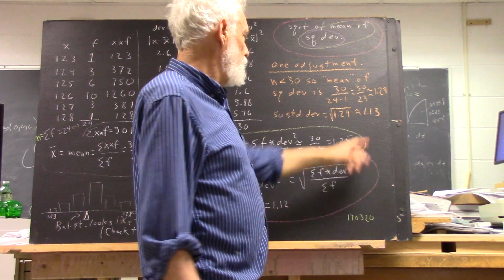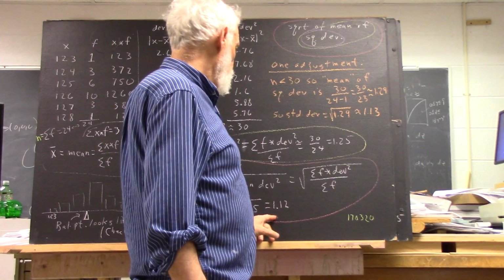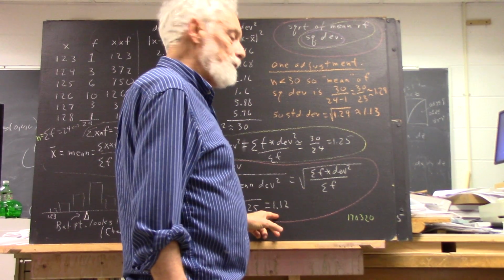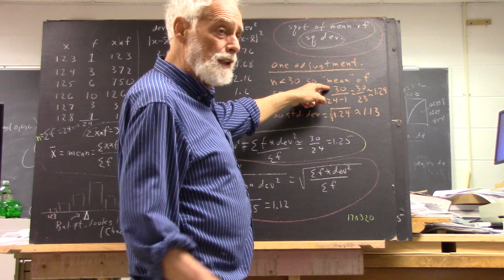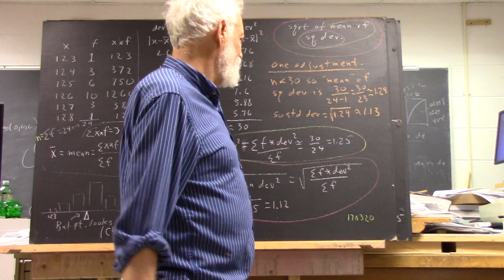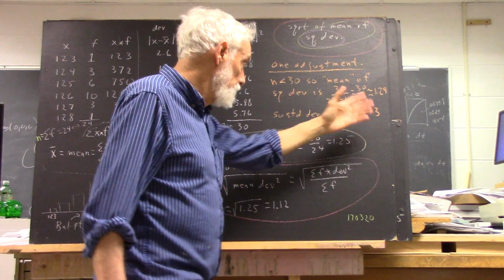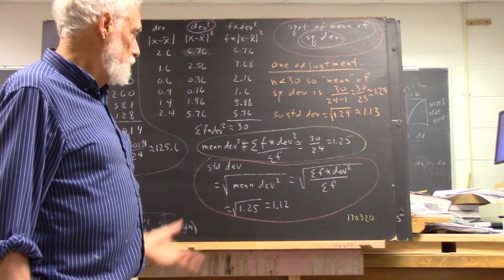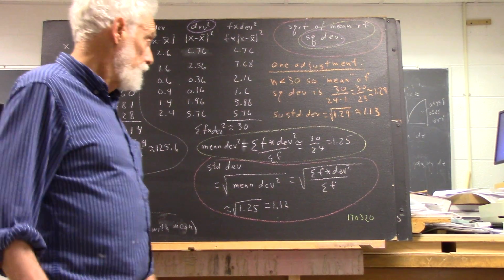And that gives us a standard deviation that's a little bit higher than this one. It doesn't make a lot of difference. And by the time we get to n equals 30, it doesn't usually make any significant difference. So we stop dividing by one less.